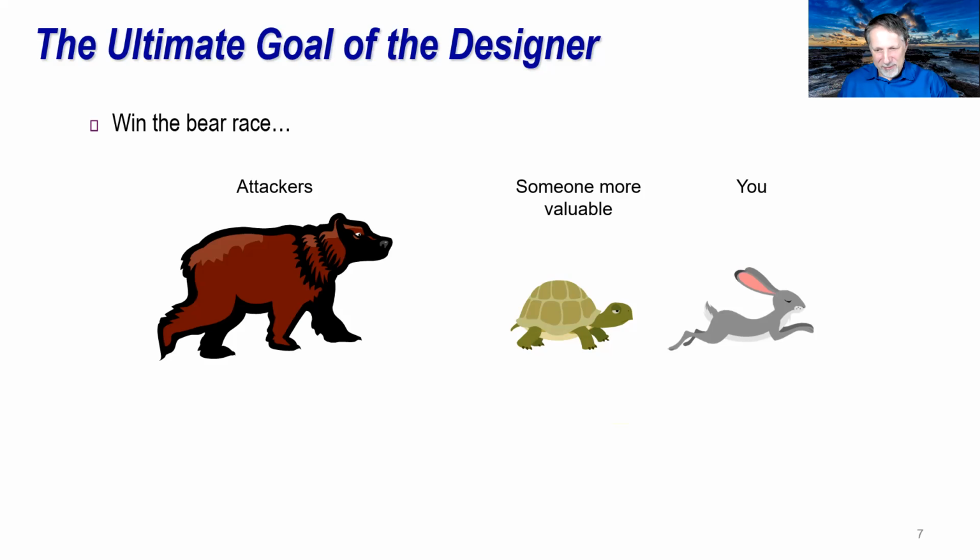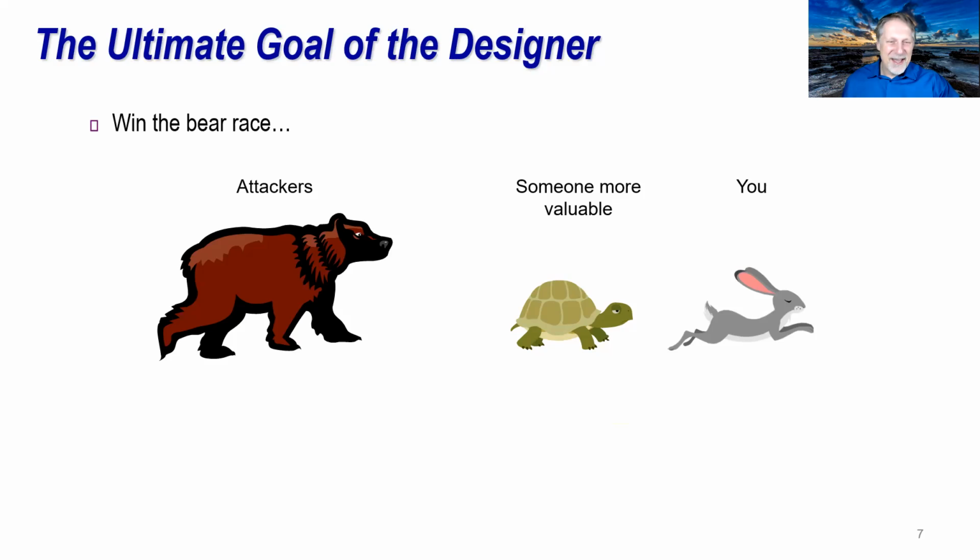And that's what I mean by winning the bear race. What does it mean to win the bear race? Well, there's the old story that you're out in the woods one day, camping with your friends, sitting around the fire, telling stories, and all of a sudden a giant bear pops out of the woods and starts running towards your group. And the question is, how fast do you have to run to not get attacked?